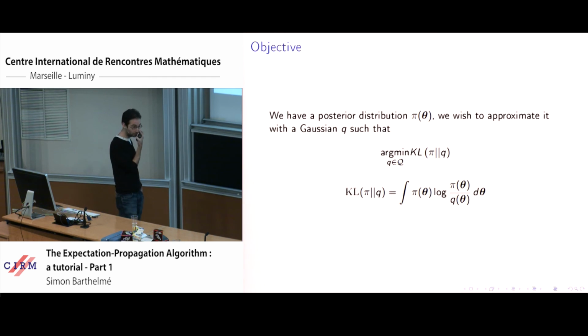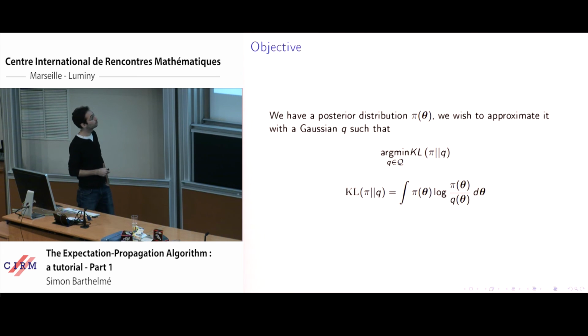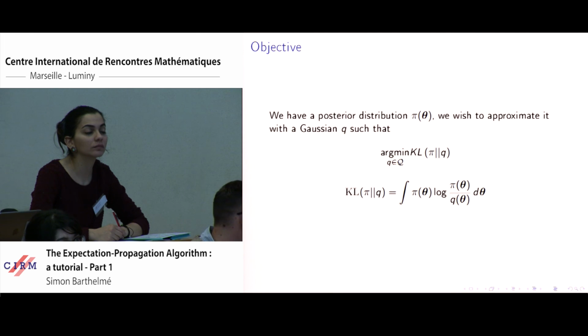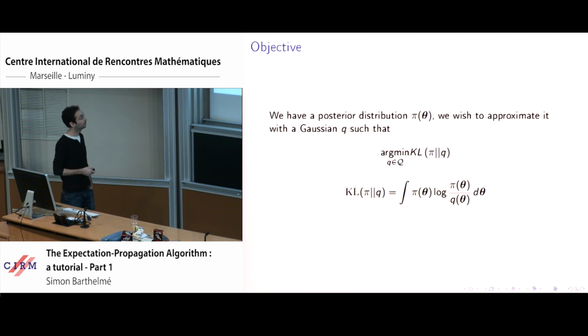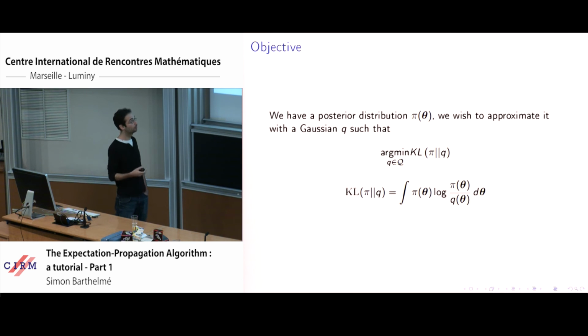Okay. So just a reminder on the objective, and Christine's already mentioned it. We have a posterior distribution I'm going to call pi of theta, theta being the parameters. We wish to approximate it with a Gaussian distribution. EP can be done with non-Gaussians, with more complicated exponential families, but we'll focus on Gaussians here. What we want to minimize is the KL divergence from pi to q.